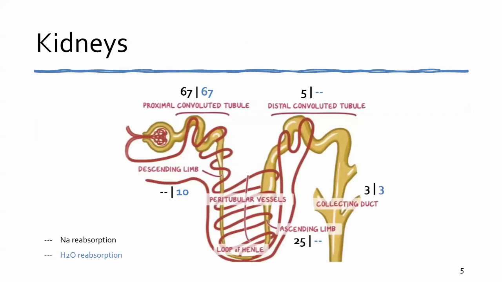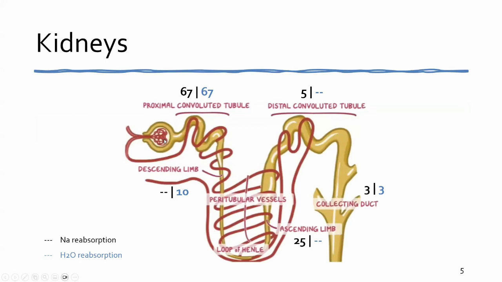The kidneys are the cornerstone of sodium homeostasis. If you can remember a little bit of anatomy, the kidneys are made up of millions of nephrons. Each nephron is made up of a renal corpuscle, which is the glomerulus here, and then the Bowman's capsule, which is then connected to this renal tubule. Blood enters the glomerulus here with the afferent arteriole.